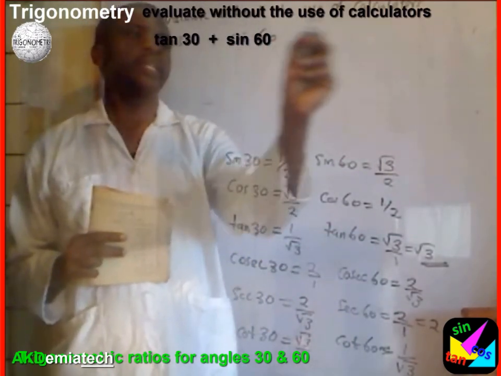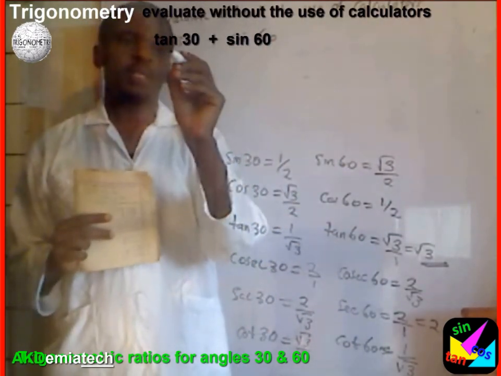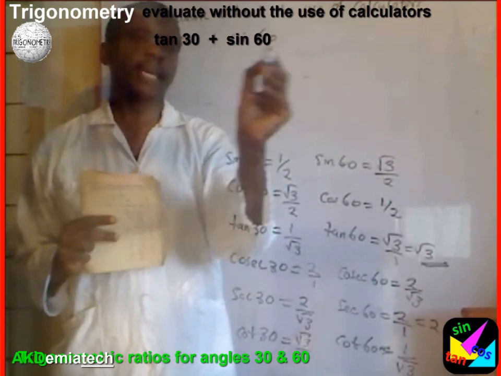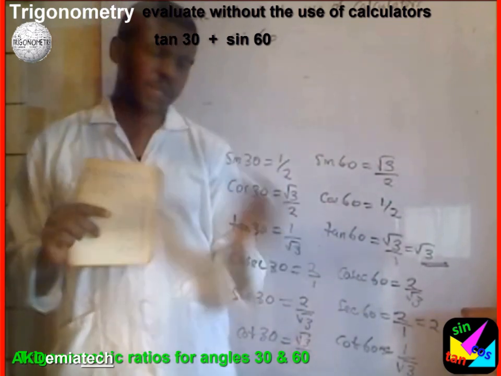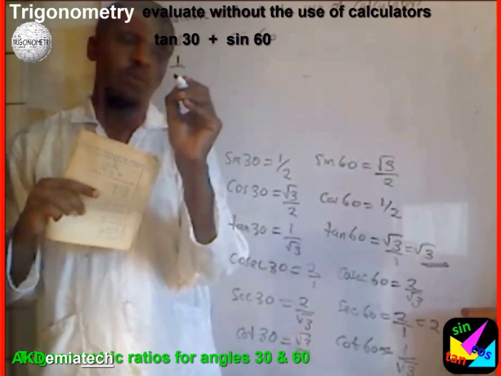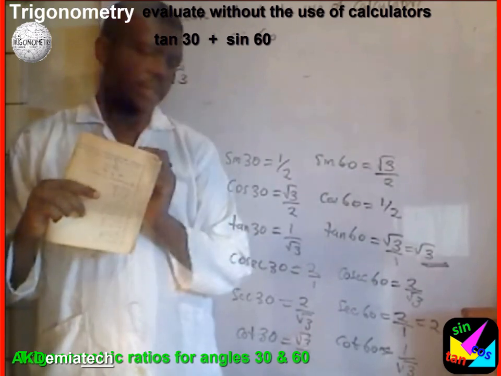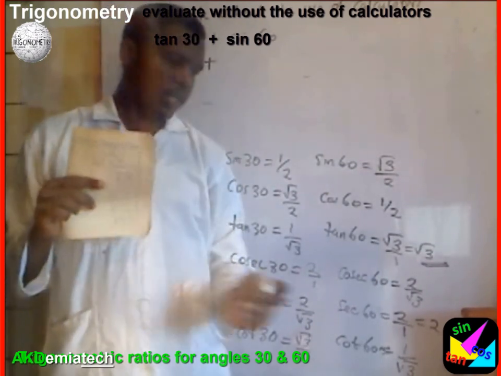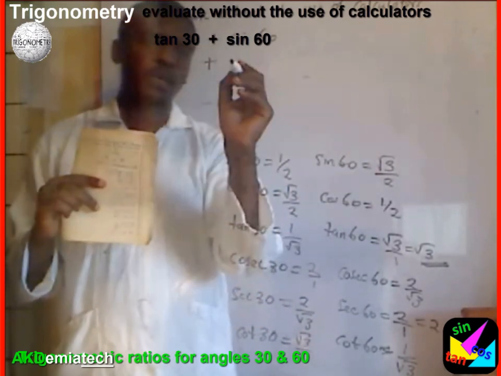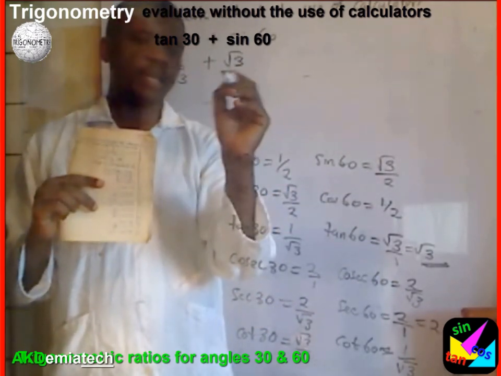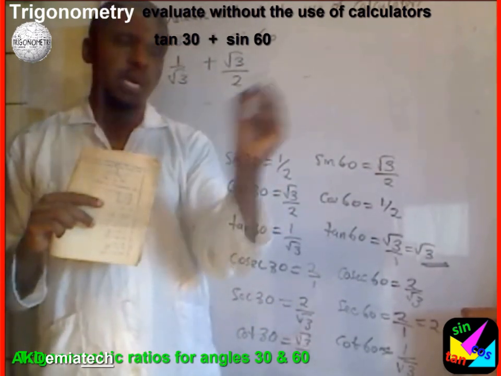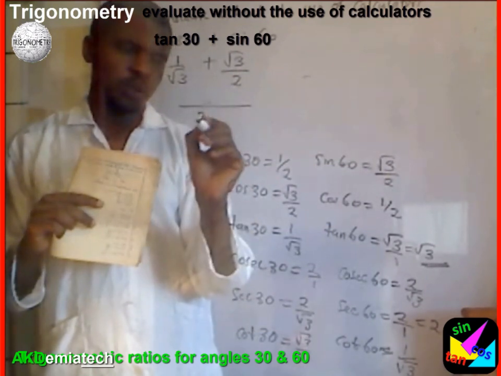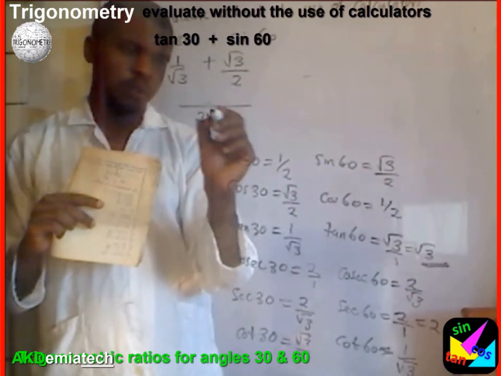Evaluate without the use of calculators tan 30 plus sin 60. What is tan 30? This is 1 all over root 3 plus sin 60, root 3 all over 2. Our LCM will be 2 times root 3, so we say 2 root 3.